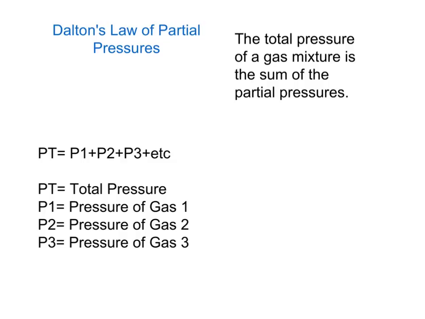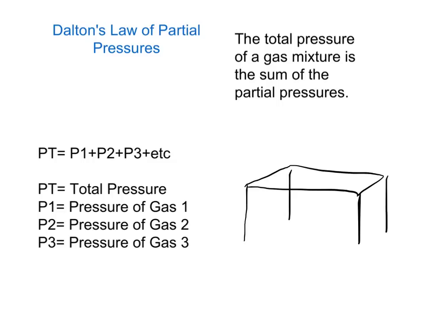So I'll explain it in terms of drawing right now. Let's say you have a table, and I'll make it three-dimensional, and you have these gases that are hitting the table.